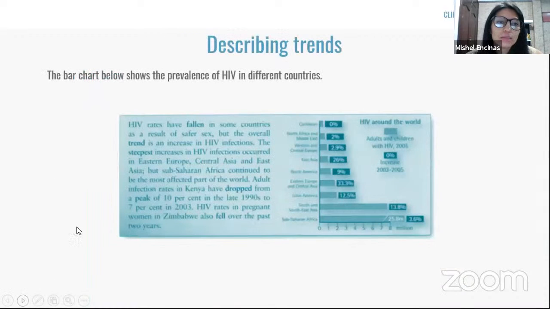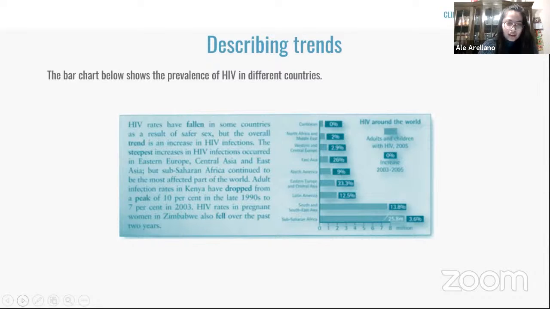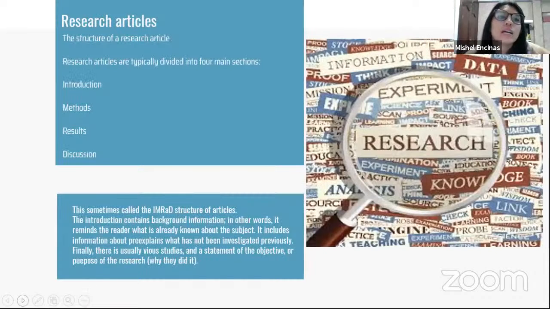It's like steepest, el más empinado, crecimiento in this case, okay? Talking about infections of HIV, sorry. Do you understand now? Yes, Miss, thanks. Okay, no problem.